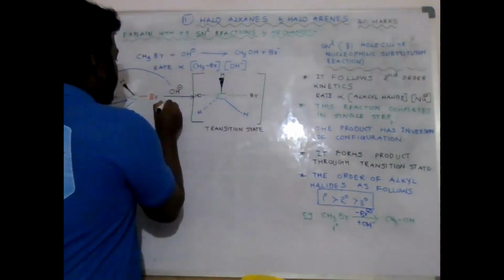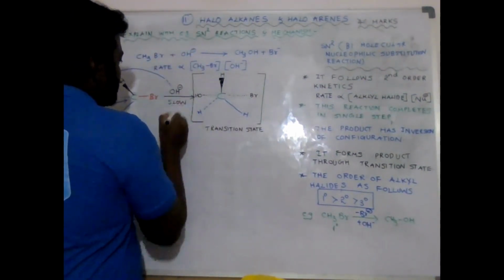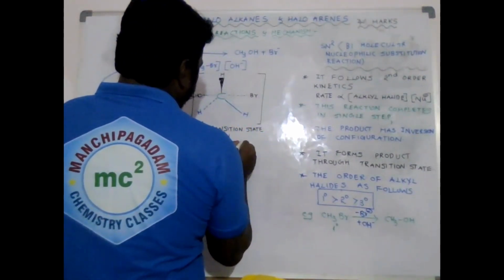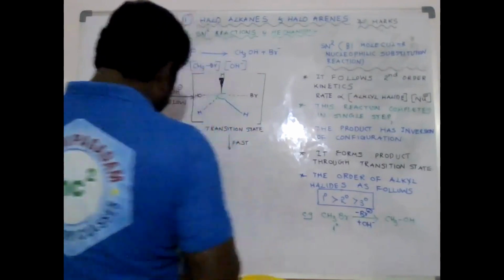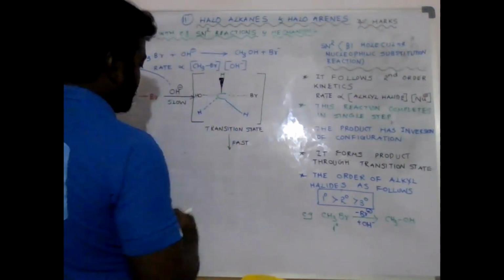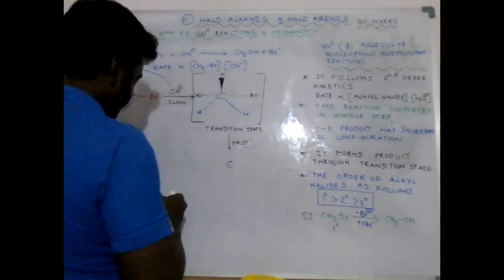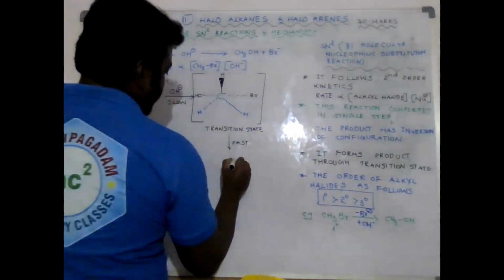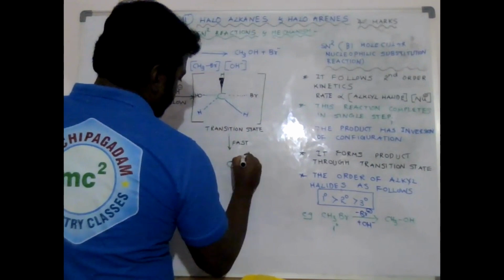This will happen slowly, of course, in one step only. After that, it will become fast. So fast, what will happen? This you have to observe again carefully, very, very important. Carbon is at center. Observe that hydrogen, this hydrogen will come like this.